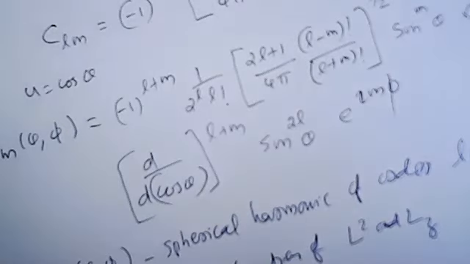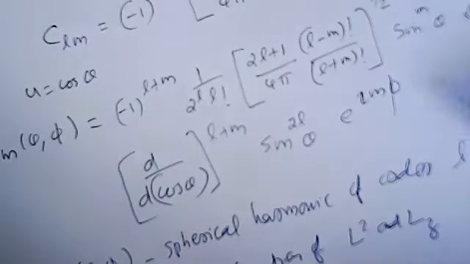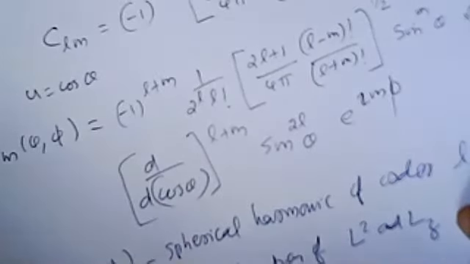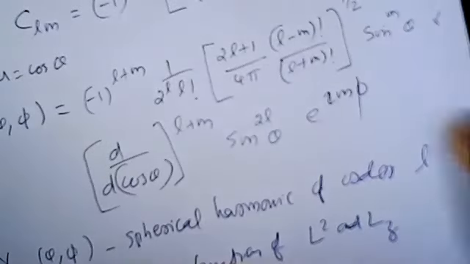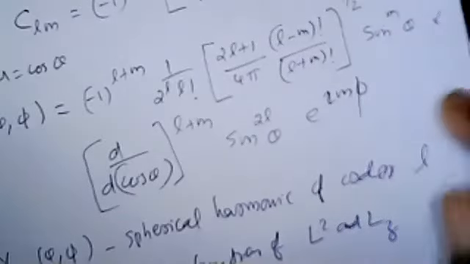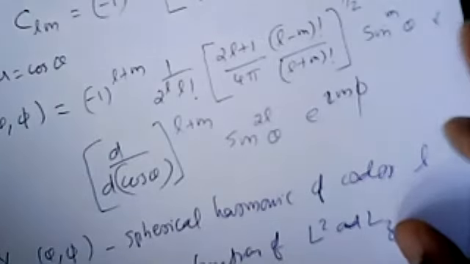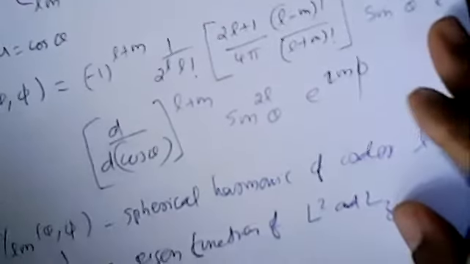So this is not easy to derive, but these are some standard procedures. Very lengthy equation for YLM theta phi. So this is the common eigenfunction for L square and LZ.